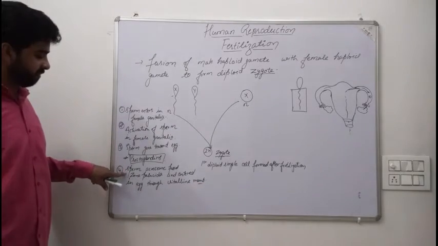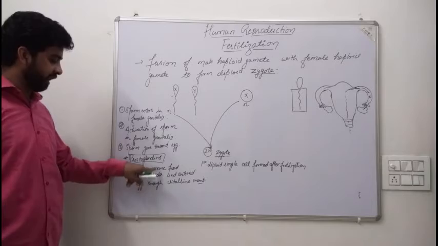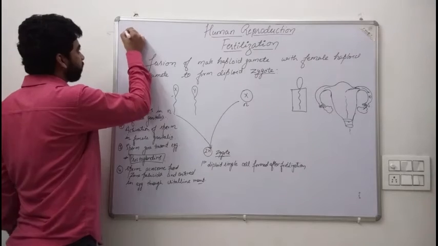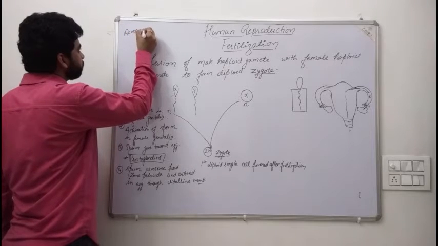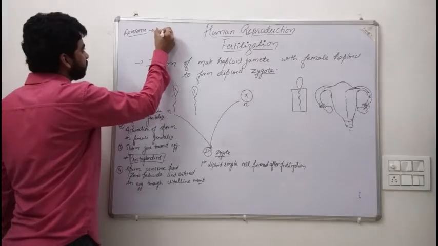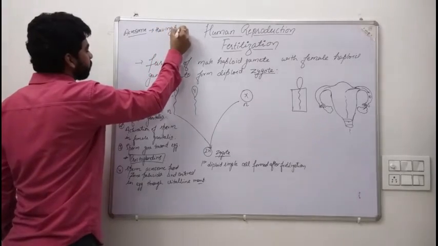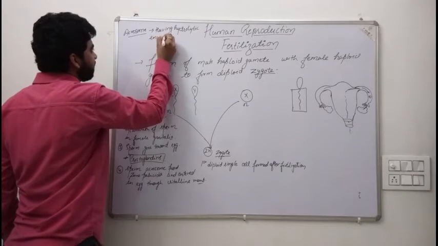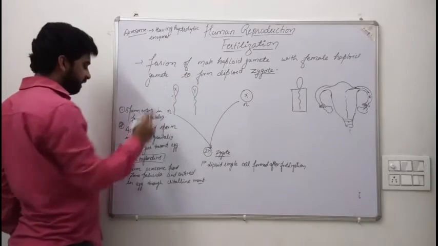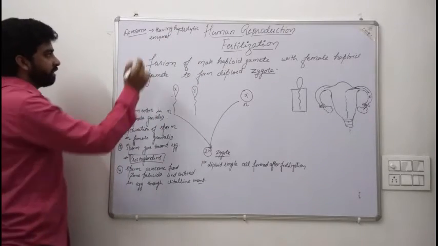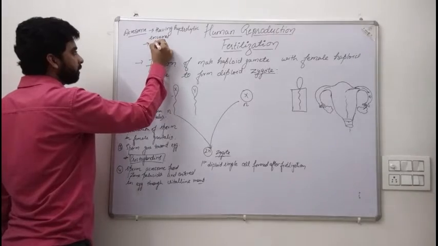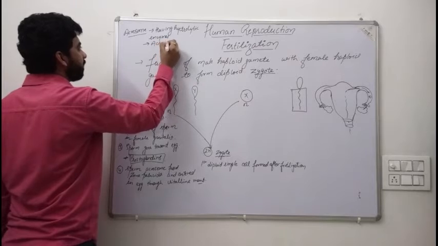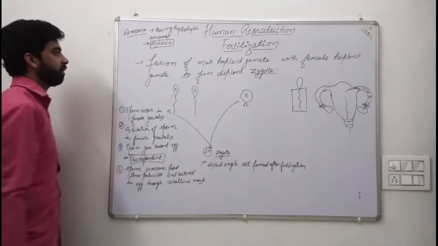Means now sperm degrades the zona pellucida layer. The acrosome has hydrolytic enzymes, mainly the enzyme which degrades the zona pellucida layer is acrosin.